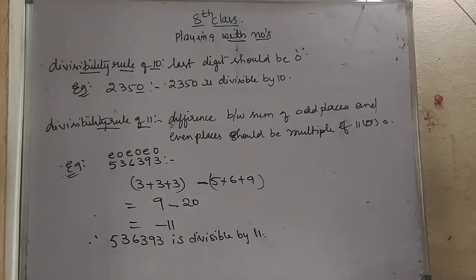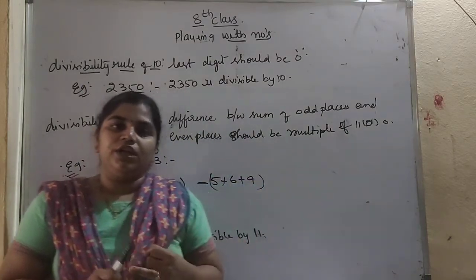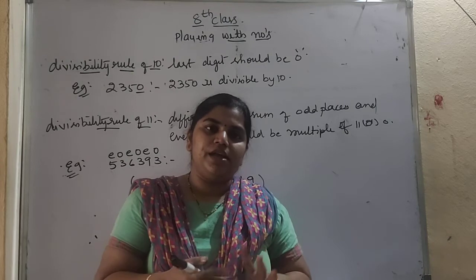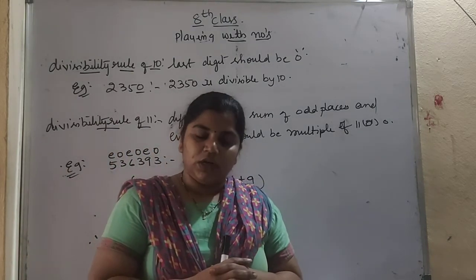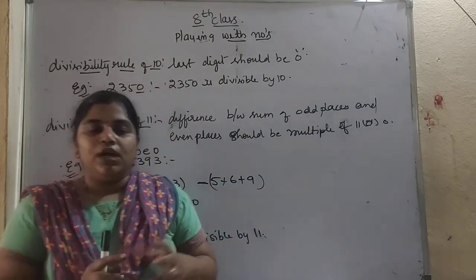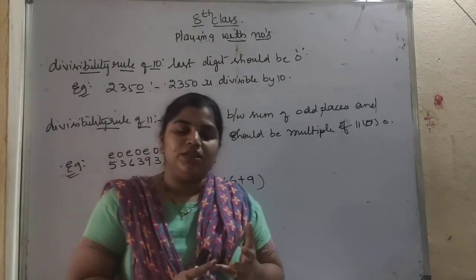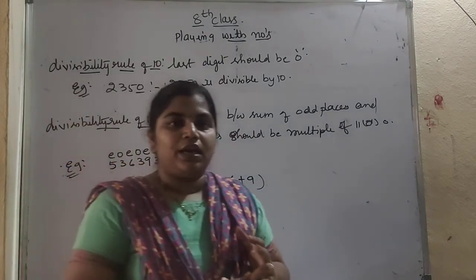So what we have discussed now, we have discussed divisibility rules of 2, 3, 4, 5, 6, 7, 8, 9, 10 and 11. So total 10 divisibility rules we have discussed. So what is divisibility rule of 2? The last digit should be an even number. What is divisibility rule of 3? The sum of all digits should be divisible by 3.